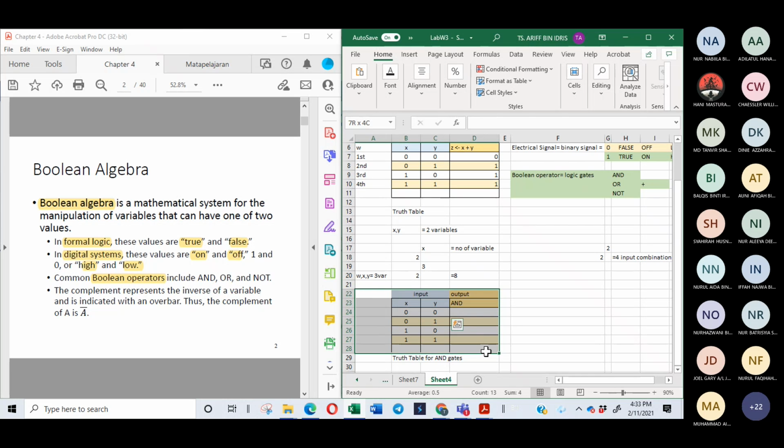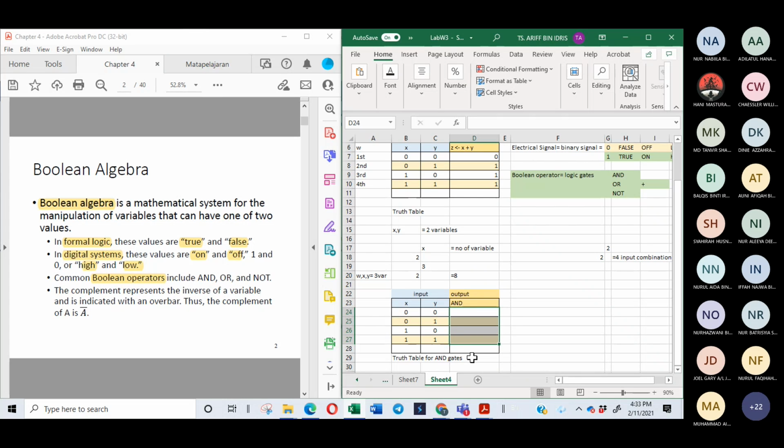Anybody have any question? Everybody clear, right? If clear, I give you 1 minute. Then I want any of you to give the Boolean expression as well as tell me what the outputs are and complete this truth table.